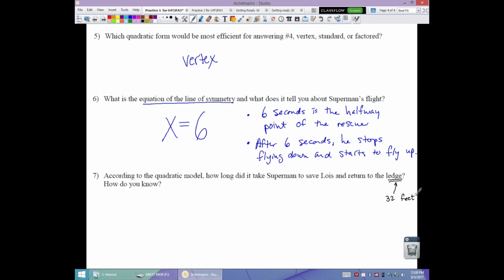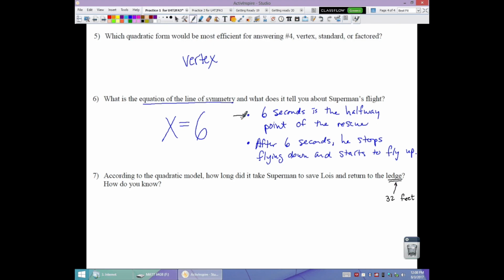Think about the answer we just gave up here at number 6. 6 seconds was exactly the halfway point. Well, because every parabola is symmetrical, it's just going to take another 6 seconds to get back where he started, right? If the first half takes 6 seconds, the second half takes 6 seconds.